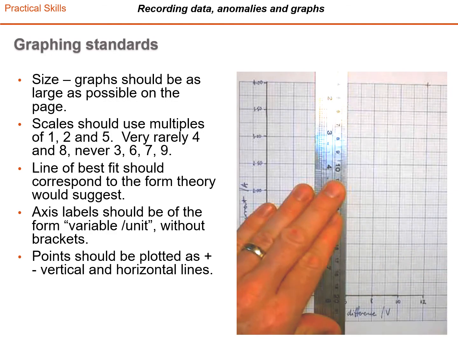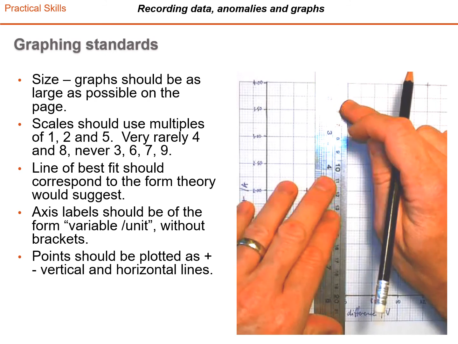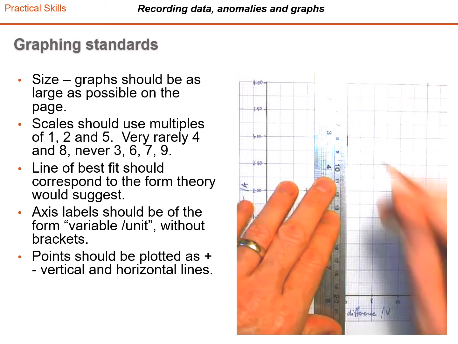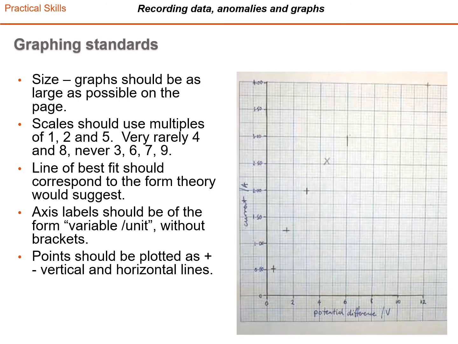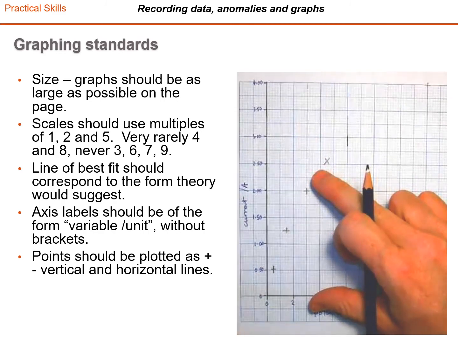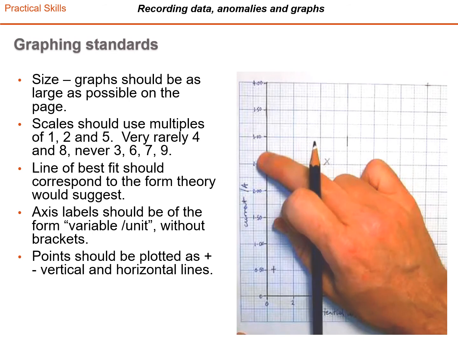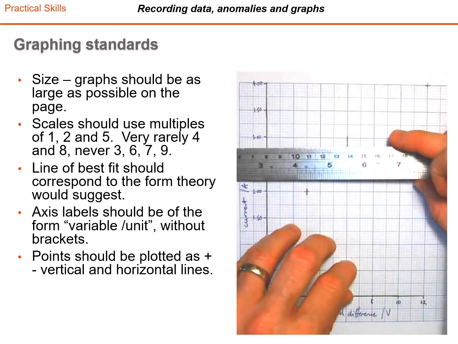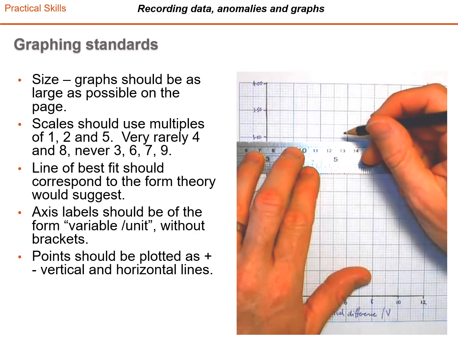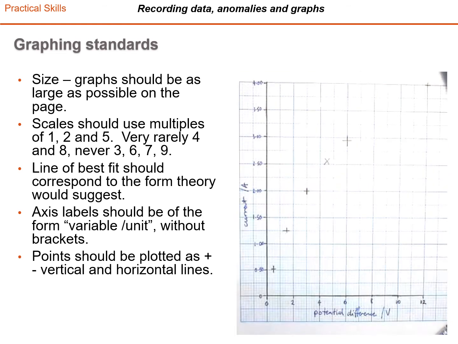I know that I've got to go to 2.95, so that's somewhere about here, and I just need a mark at the moment. So I can draw a nice line there, and then I need to look for 2.95 amps. So here I go back to the y-axis. I've got here 2.95, so I lay across my ruler, and then I can draw a horizontal line at just the right point there.